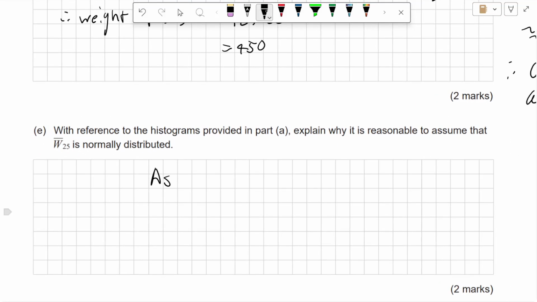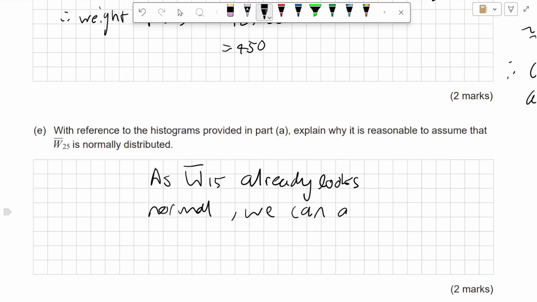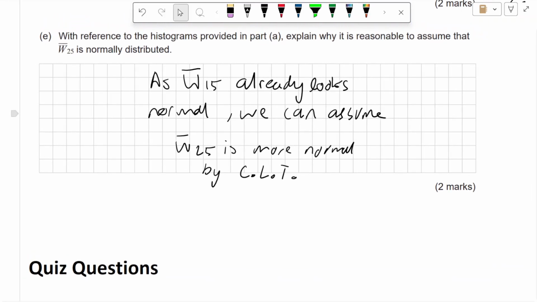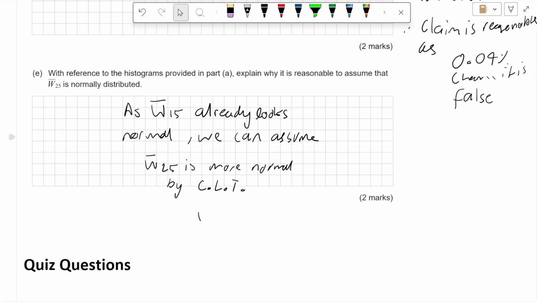As W15 already looks normal, we can assume that W25 is more normal by the central limit theorem. I'm going to go CLT to shorthand, but central limit theorem. So yes, it's reasonable.